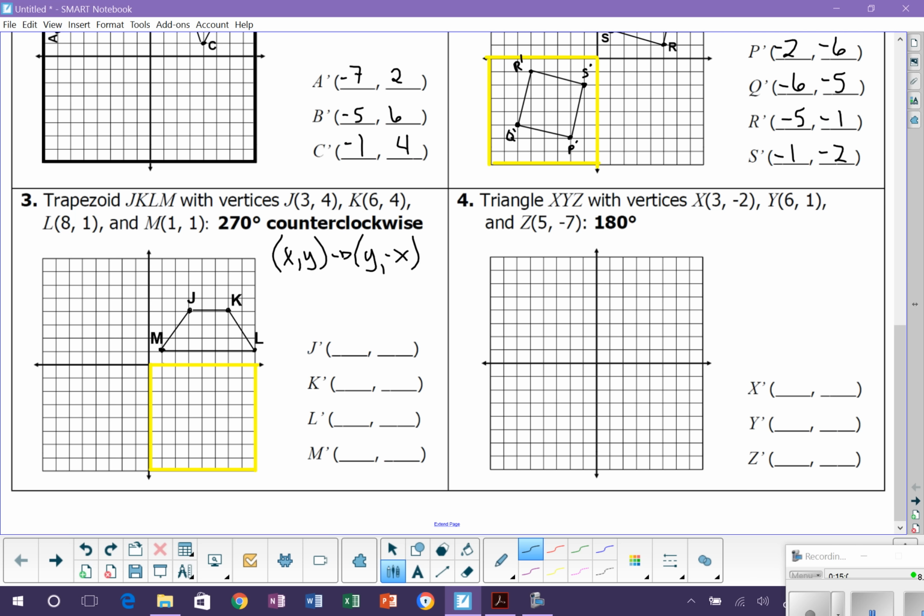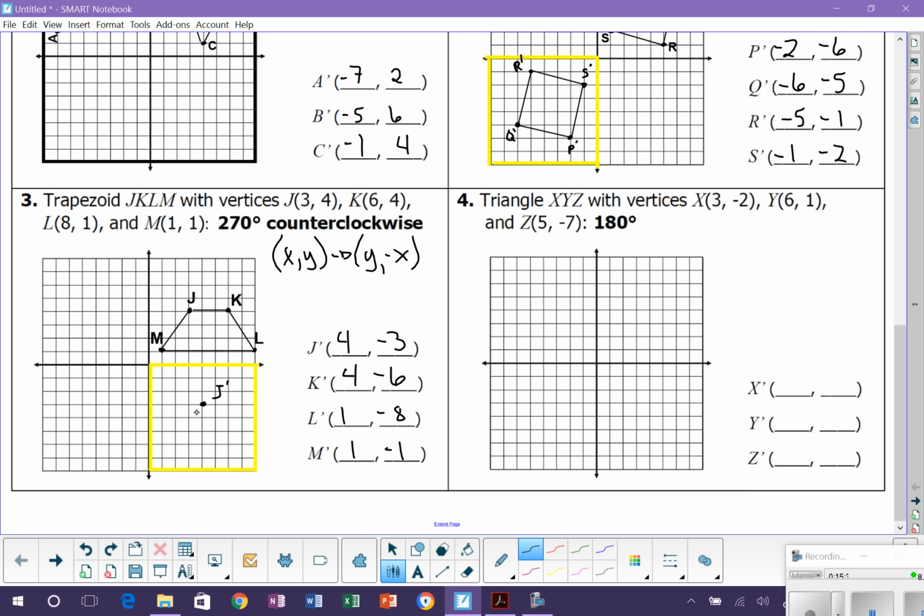y comma negative x. So if we're looking at this one, it's going to be 4 comma negative 3, this one, 4 comma negative 6, this one, 1 comma negative 8, and that one, 1 comma negative 1. So 1, 2, 3, 4, down 3, 1, 2, 3. That's J prime.